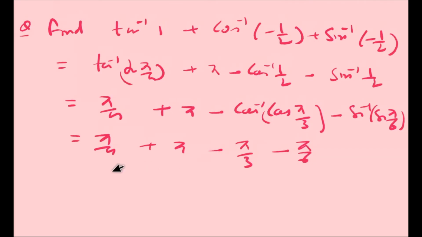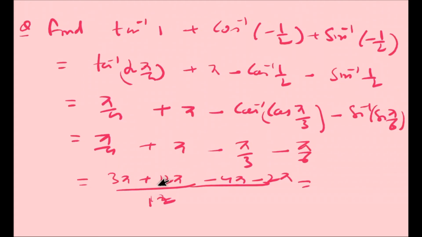So we can say here pi by 4 plus pi minus pi by 3 minus pi by 6. Now evaluating this, taking the LCM 12, what is the value of 3 pi plus 12 pi minus 4 pi minus 2 pi? 15 pi minus 6 pi, so 9 pi upon 12, that is equal to 3 pi by 4.